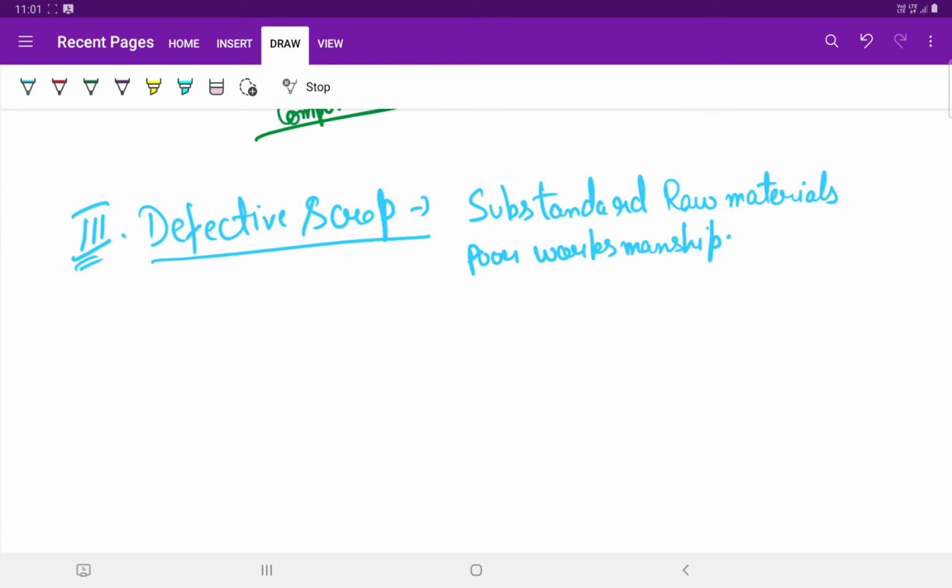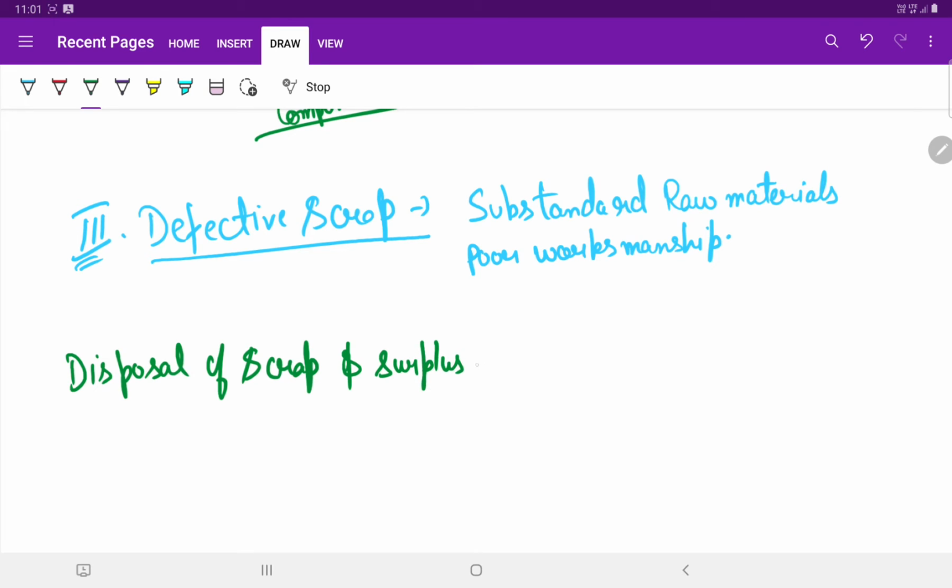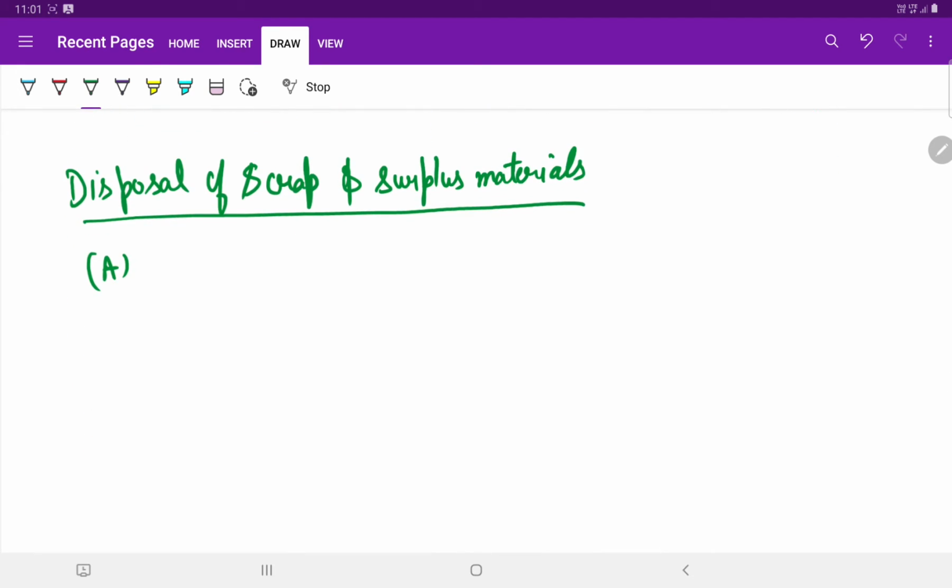Now how are these scraps and surplus materials disposed of? The disposal of scrap and surplus materials includes two methods. Number one is by selling out.